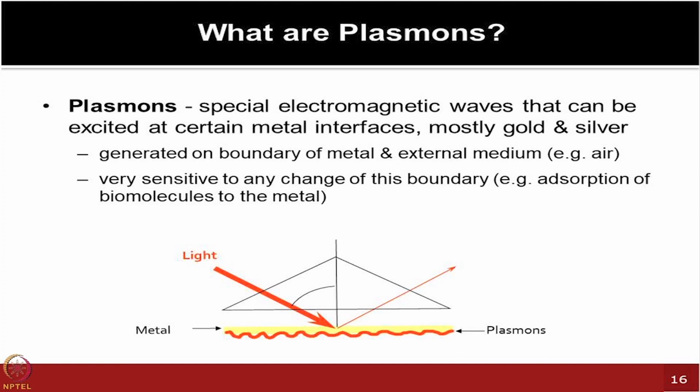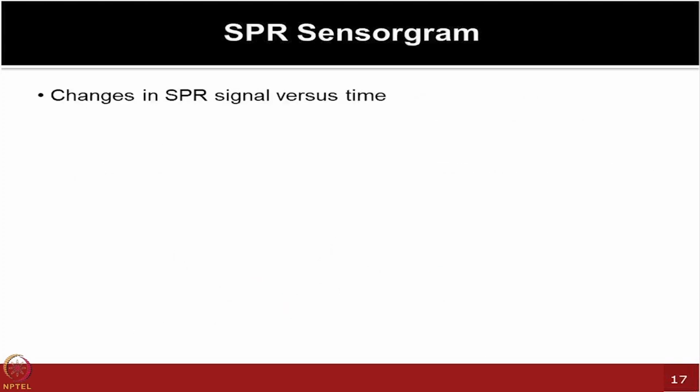What you are actually measuring are these plasmons at the interface of the gold surface, when these electrons are being generated, and you measure those throughout your reaction. By changing the solution, you see how the SPR angle changes from one condition to another, and that SPR angle is used to monitor your entire binding reactions. You measure this in what is termed the SPR sensorgram. These sensorgrams can be used to monitor your entire binding activities for the reactions.